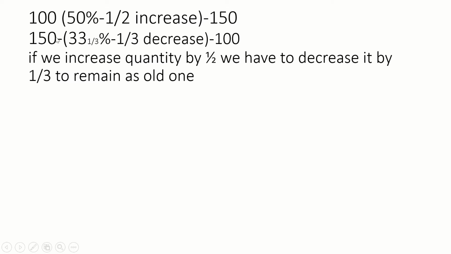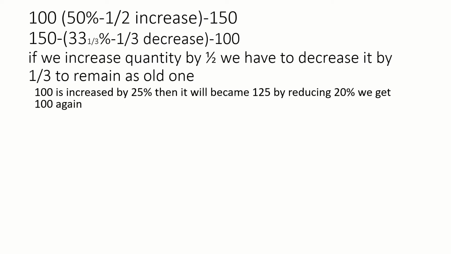If we want the original one again, the old one again, you have to decrease by 1 by 3 in order to get the original one. Means you have to decrease 150 by 1 by 3 to get the old one. If a quantity is increased by 1 by 2, we have to decrease it by 1 by 3 to get the old one.